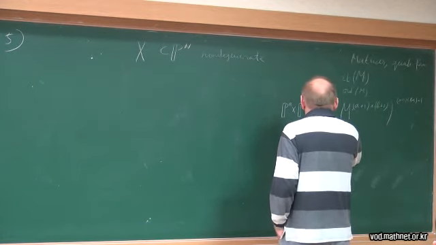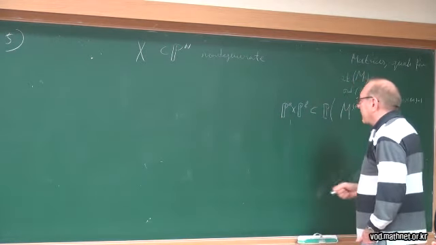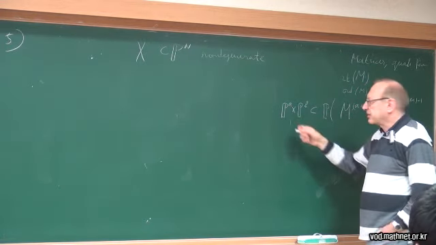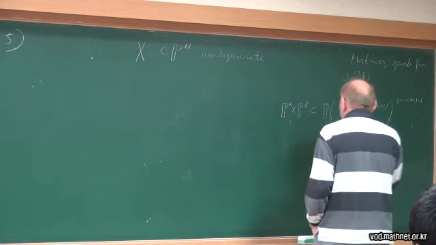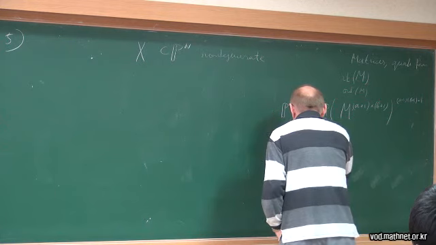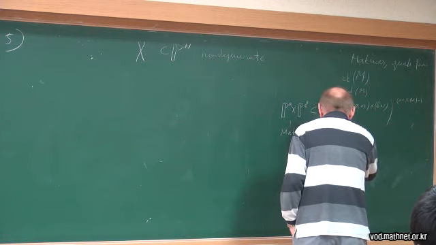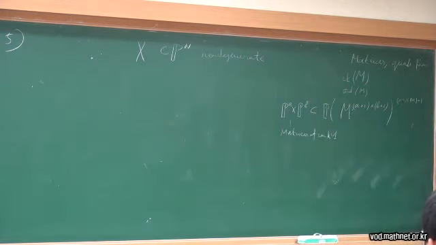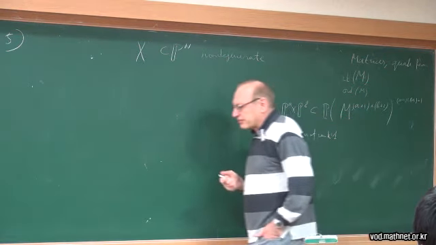And if you learned projective geometry, you know that matrices of rank 1 form the Segre product of two projective spaces. So now, what can we say about further terms of the filtration by rank?